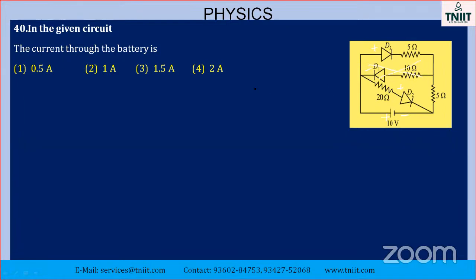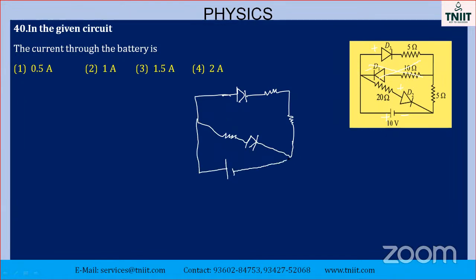Neglect that. So you have to consider this diode, which is having resistance here. One more resistance. Then here one more resistance. This is the diode. You should take only this, 20 ohm, 5 ohm. You can consider only D3 and D2. Why we are not taking D1? Because D1 is reverse bias.